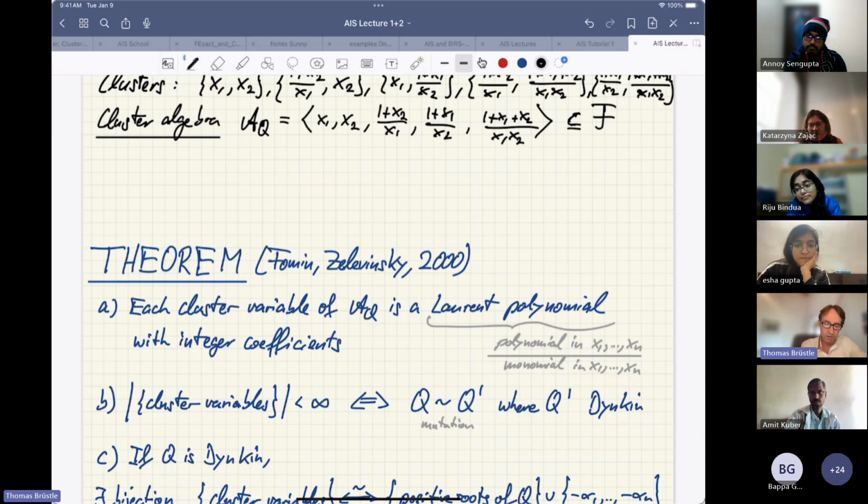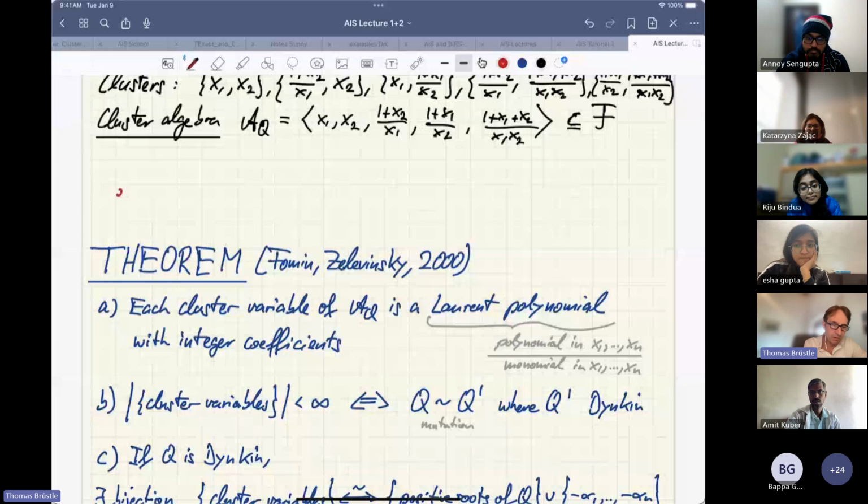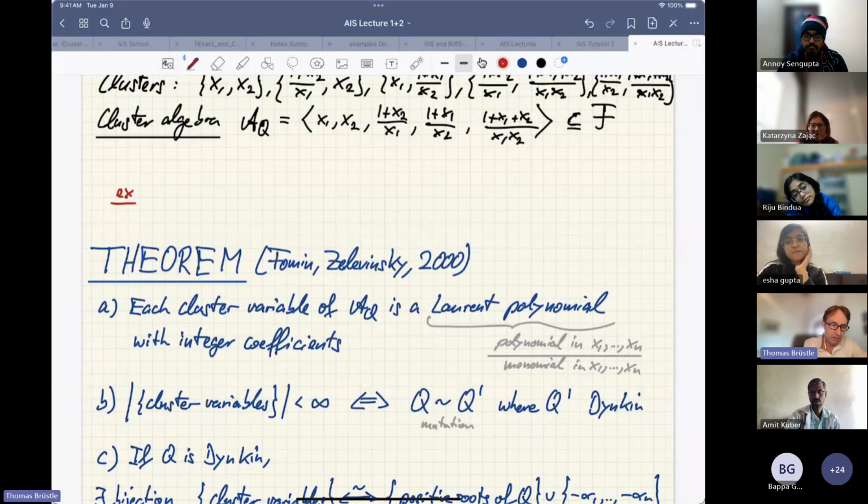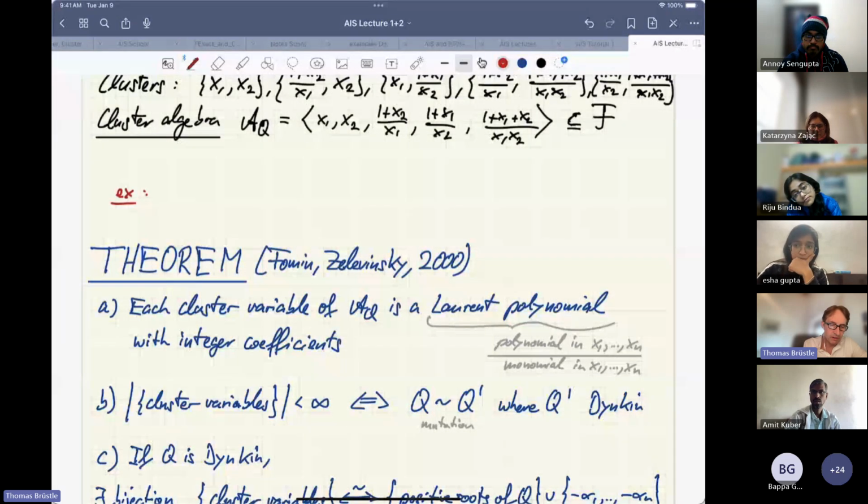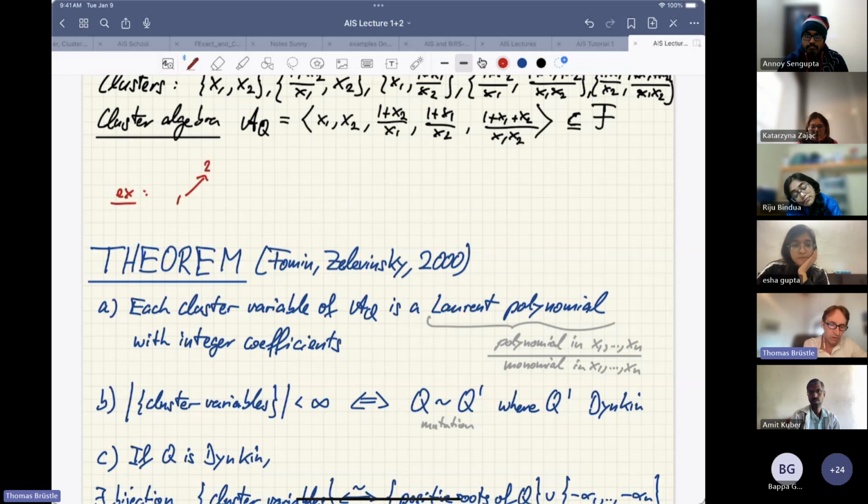For instance, we could consider, for example, a quiver that looks like this: 1, 2, 3, 1. Which is not a Dynkin quiver at all, yeah, but this quiver is mutation equivalent to the quiver 1, 2, 3, if I mutate in 2.